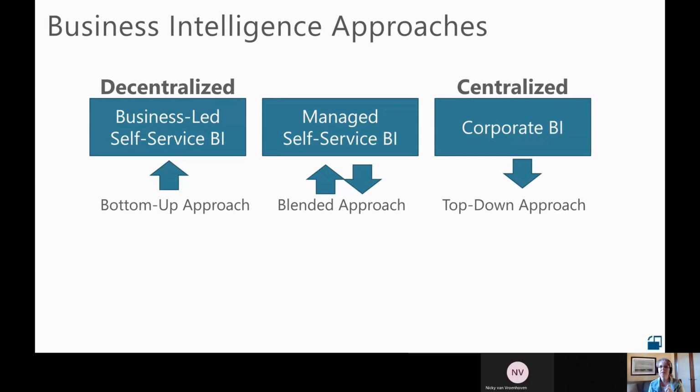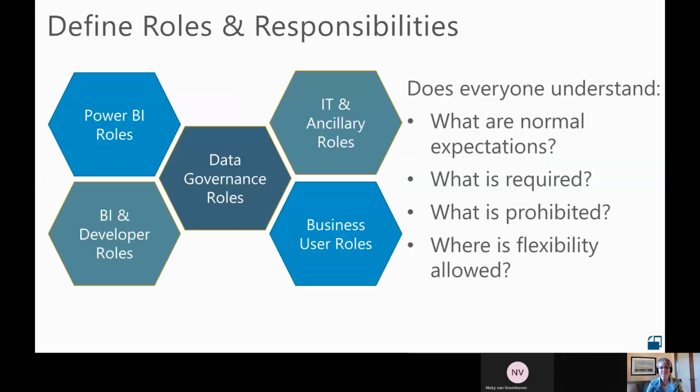I bring this up again because your decisions here absolutely affect how your roles and responsibilities are going to look. So what you need to do is define roles and responsibilities within each one of these areas that are shown. There's going to be sometimes quite a few of them, or at least a few.